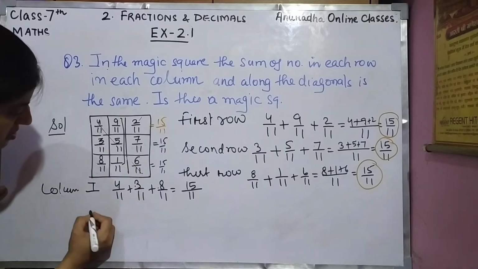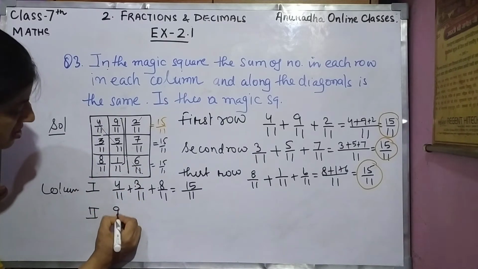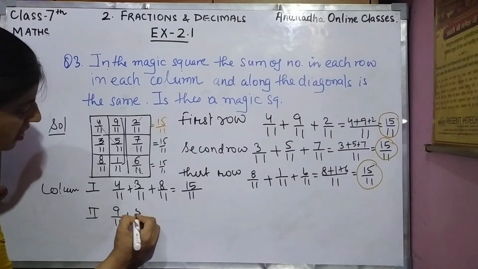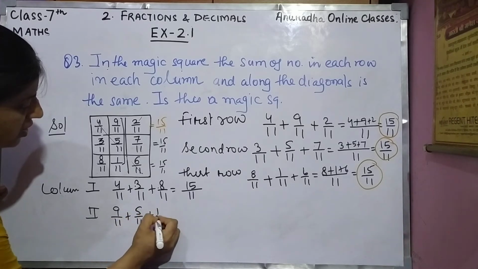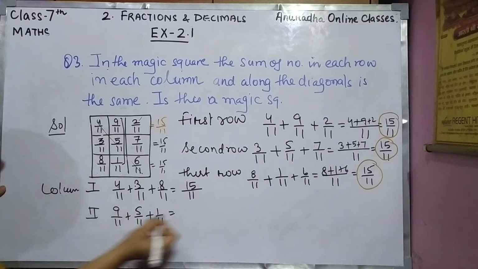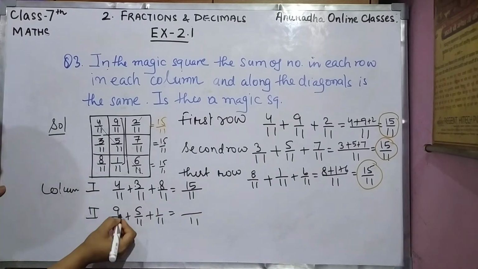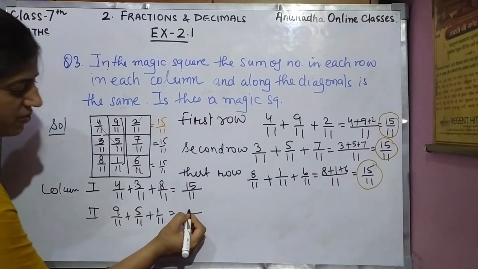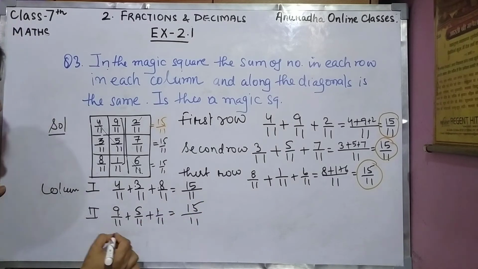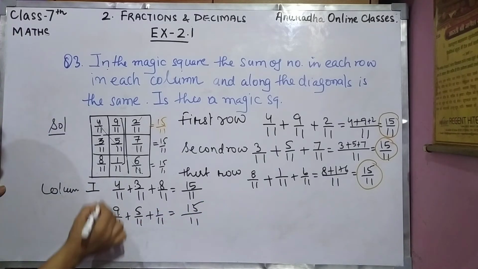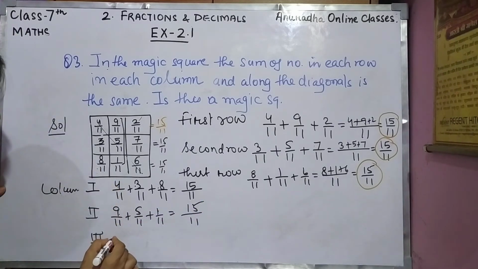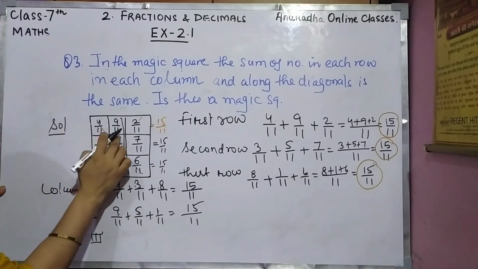This is the second column. This is 9 upon 11 plus 5 upon 11 plus 1 upon 11. So what will we get? The LCM is 11. 9 plus 1 is 10, 10 plus 5 is 15. Now let us come to the third column.